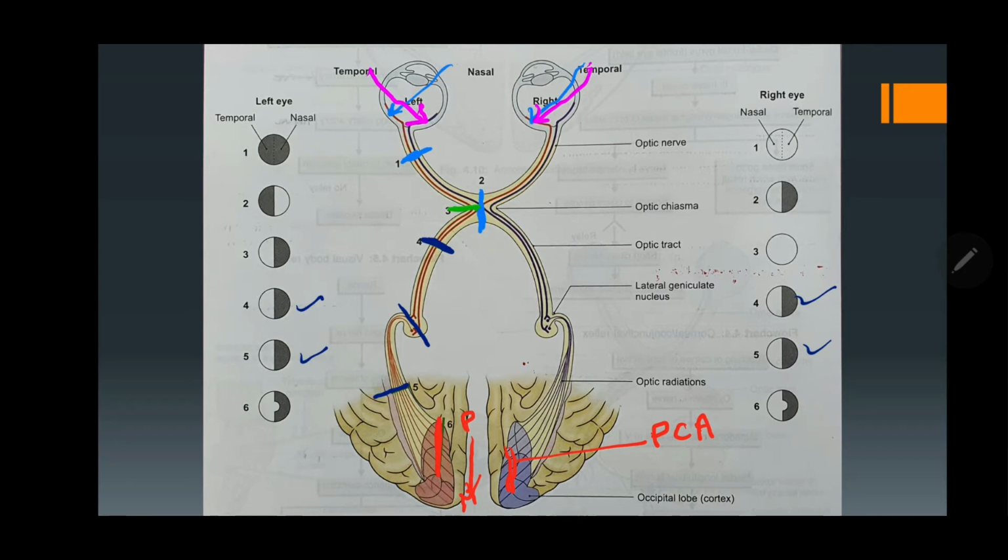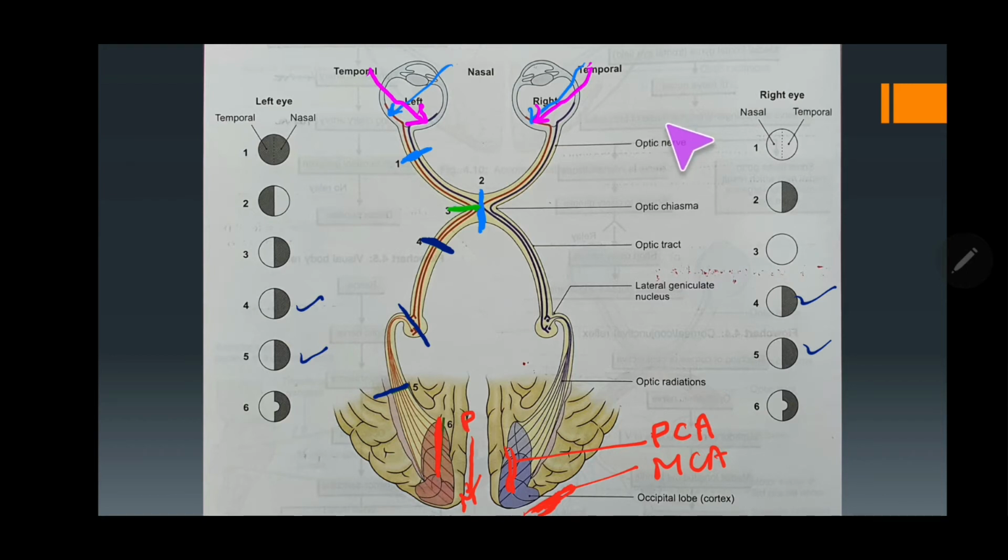And on the supralateral surface there is a different blood supply, by the middle cerebral artery. So the macular fibers have dual blood supply, and that's why they get spared.